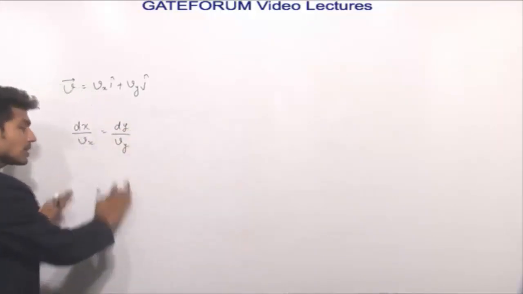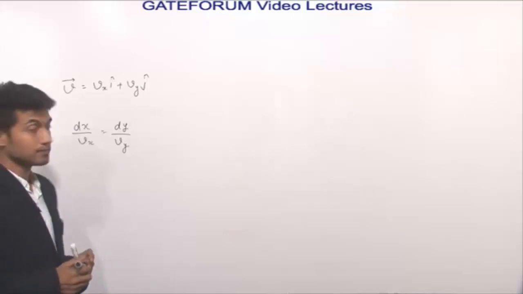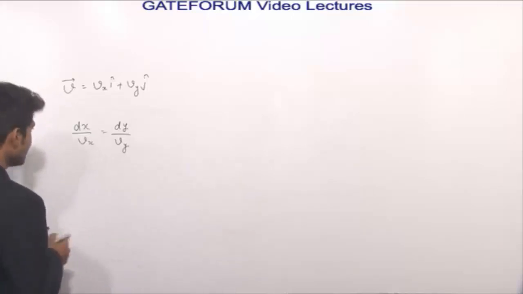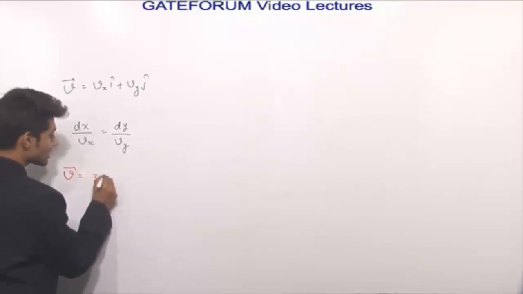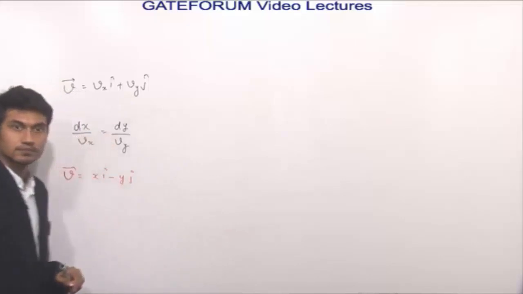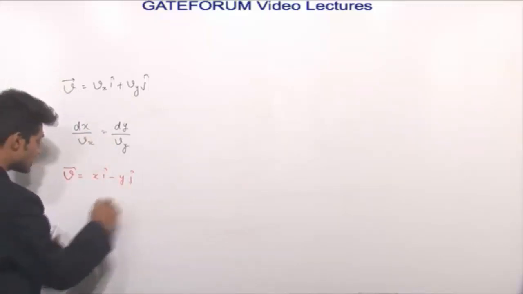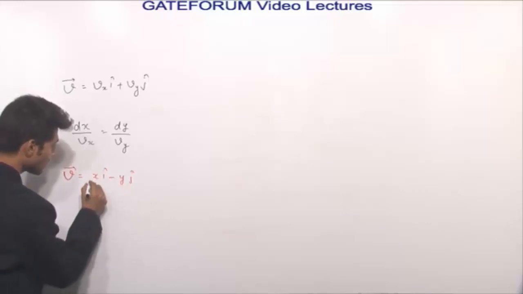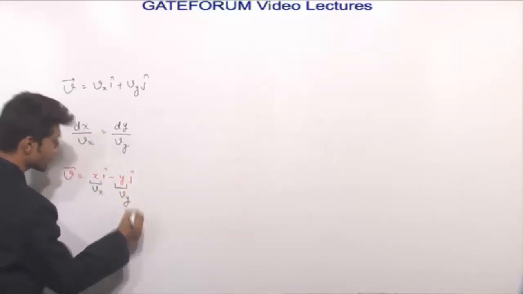Now from this equation and a constraint we can find the equation for streamline. In our particular question, velocity is given as x i cap minus y j cap. So from this we can conclude it is Vx and it is Vy.